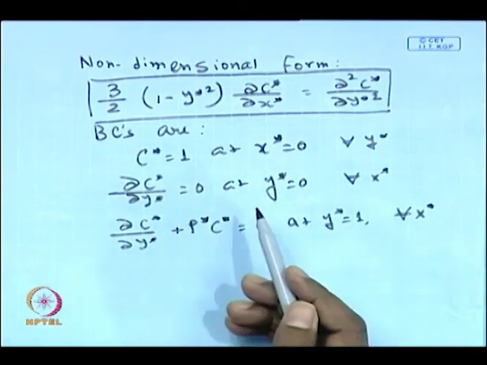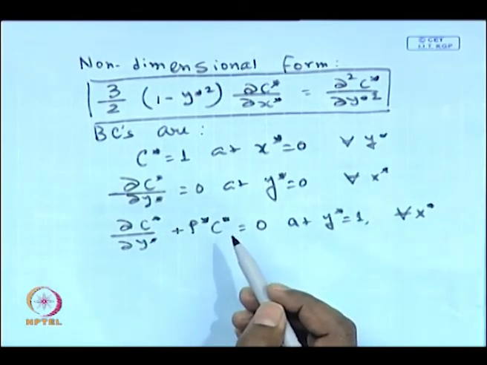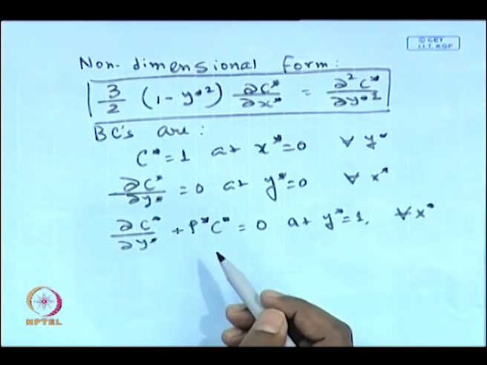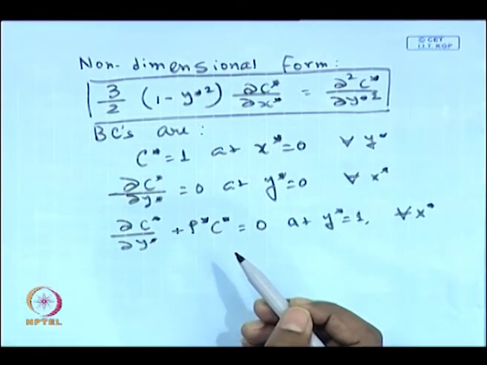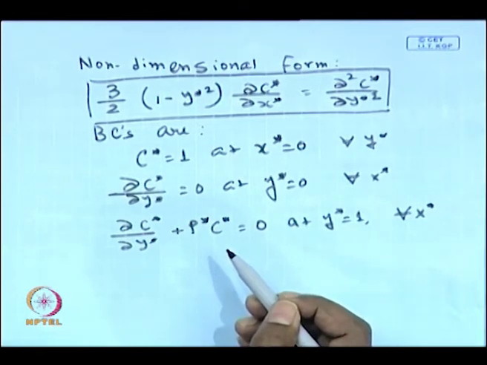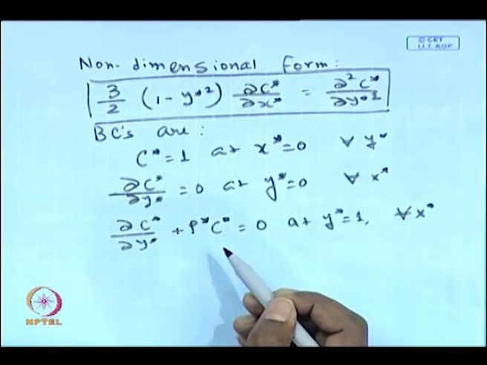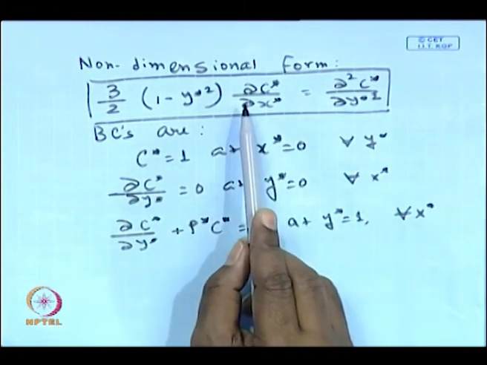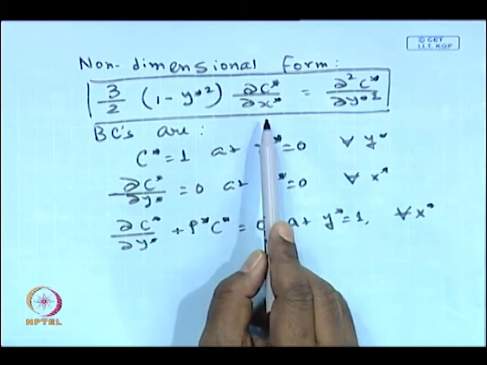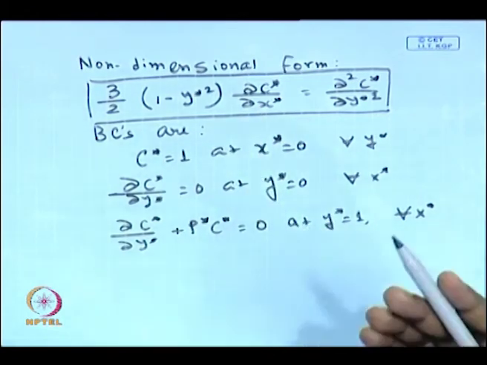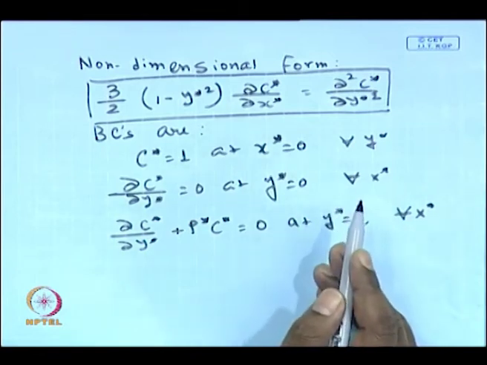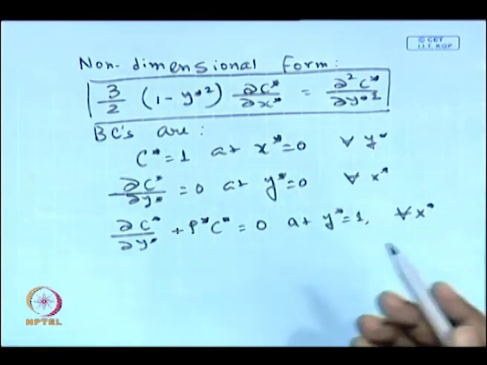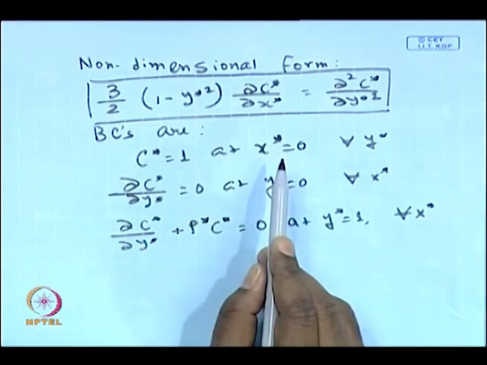If you remember the definition of linearity or nonlinearity of any partial differential equation, if you have terms in your governing equation which are the multiplication of the dependent variable and its derivative, for example, c star into del c star del x star, or higher order derivatives like del c star del x star raised to the power 2, then those equations become nonlinear.